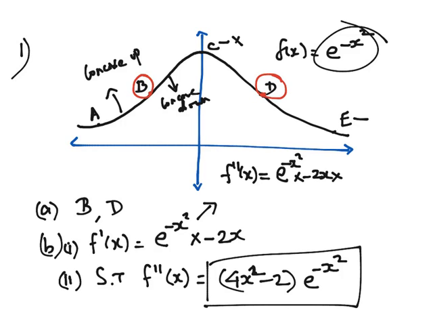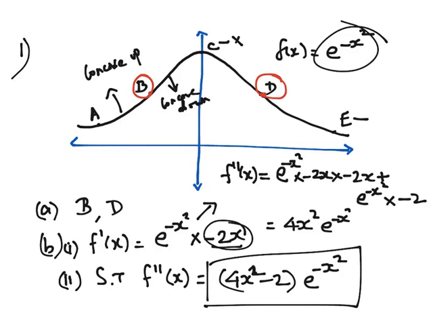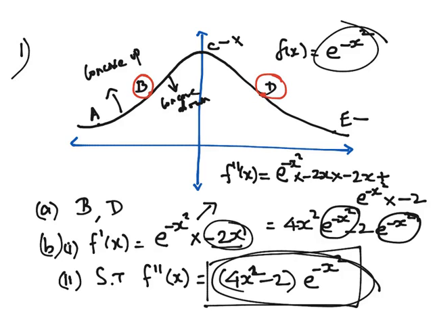Then I'll keep this function as it is, so minus 2x, plus I'll keep the first function e power minus x squared, and then I will differentiate the second one, which is minus 2. So I'll get 4x squared e power minus x squared minus 2 times e power minus x squared. If you take e power minus x squared common, you will get this answer, right? So again, it's very, very simple.